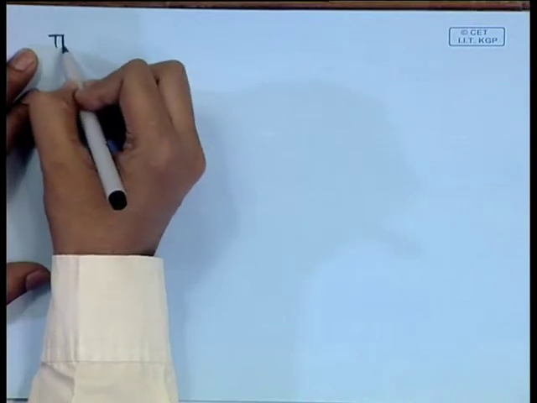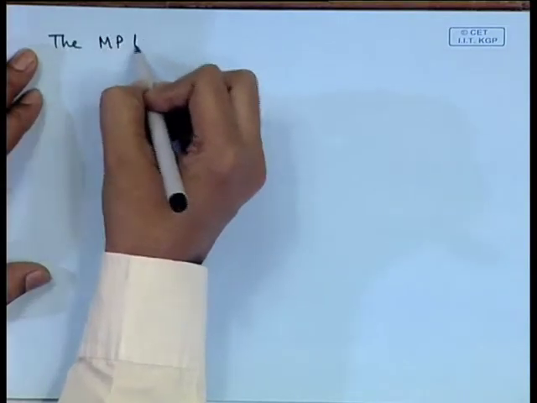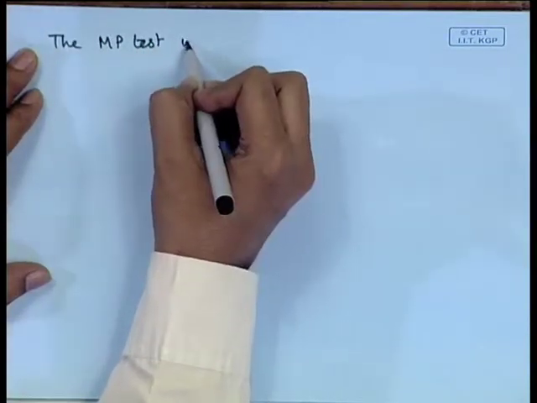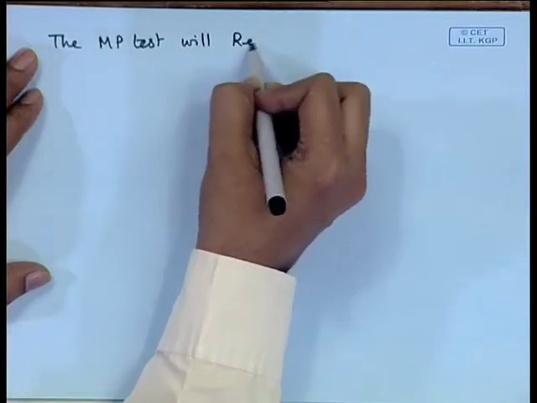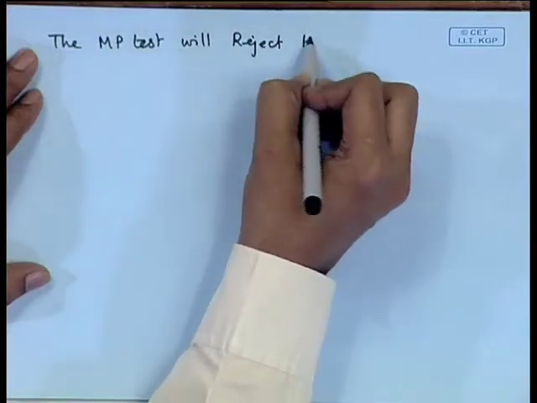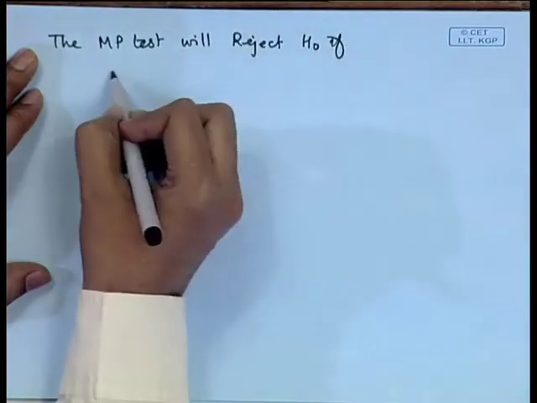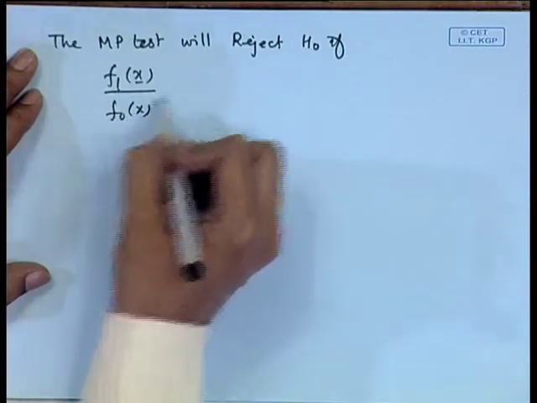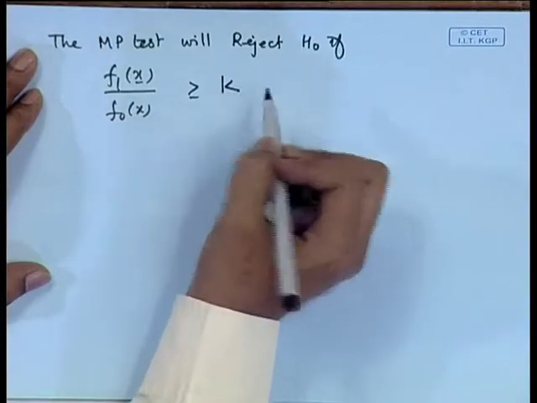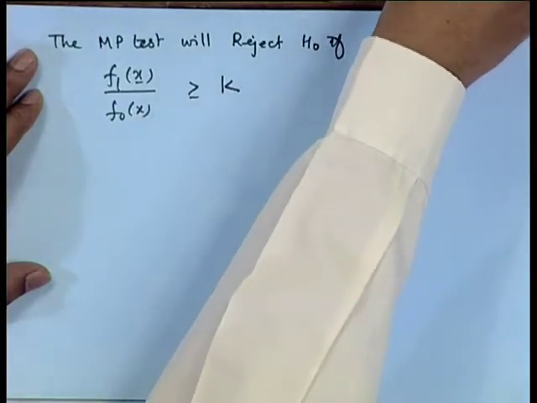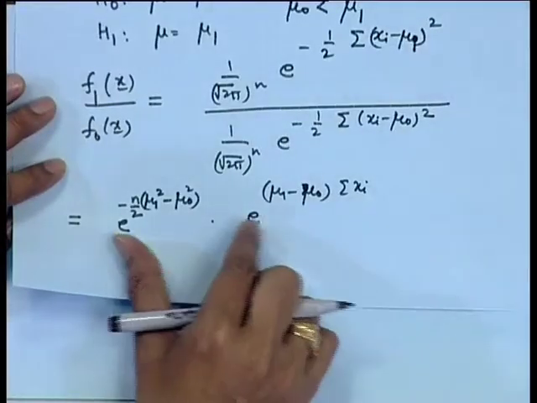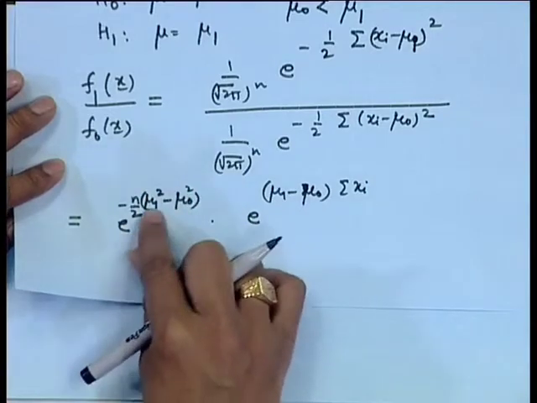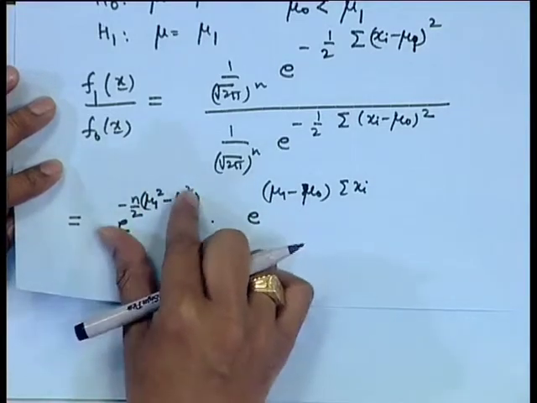So, now if we look at the most powerful test, this is reject H naught if f 1 x by f naught x is greater than or equal to k. So, if we utilize this here, given mu 1 and mu naught whatever be the values, this is some constant here.